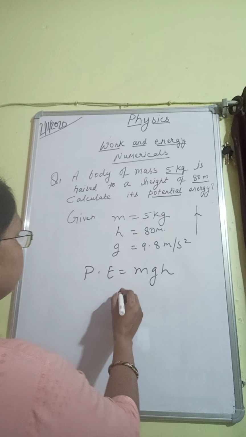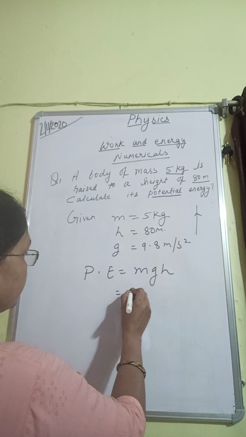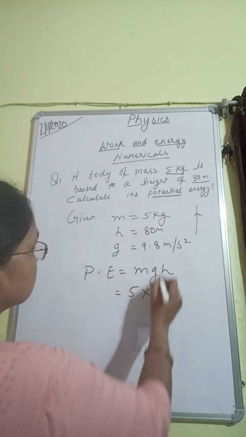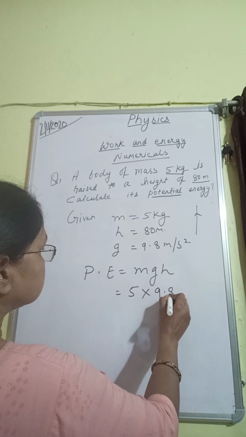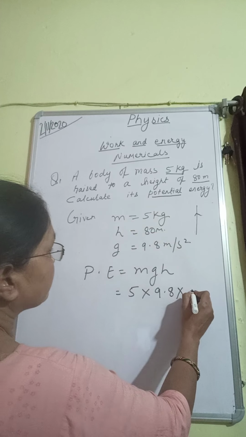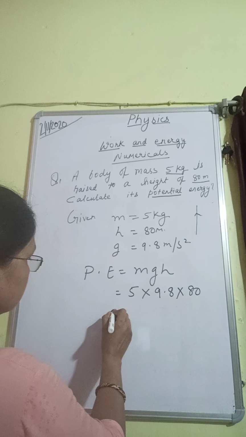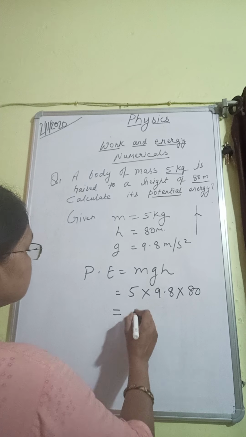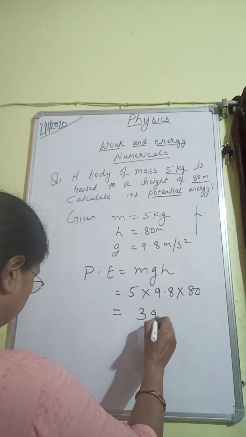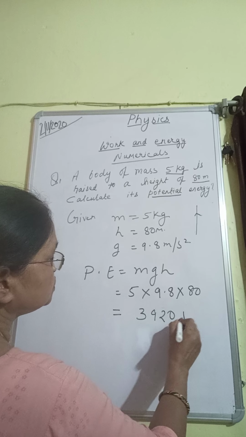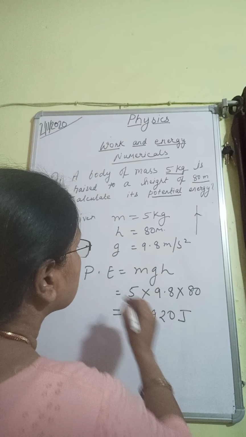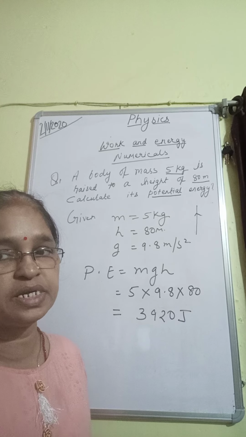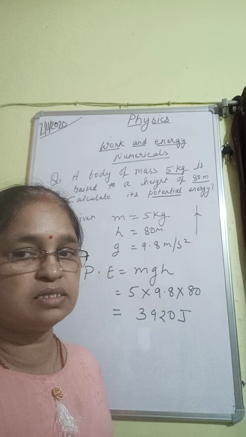So, m we have 5, g we have 9.8, h we have 80. When you multiply all this, we will get 3920 joule. So, its potential energy is 3920 joule. Let us see the next question.